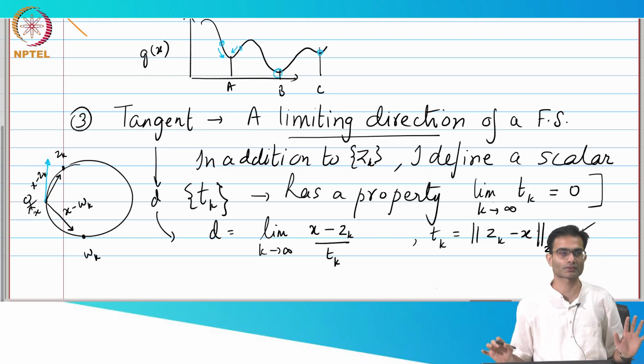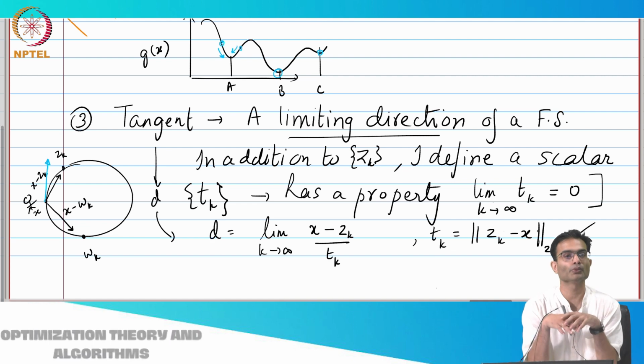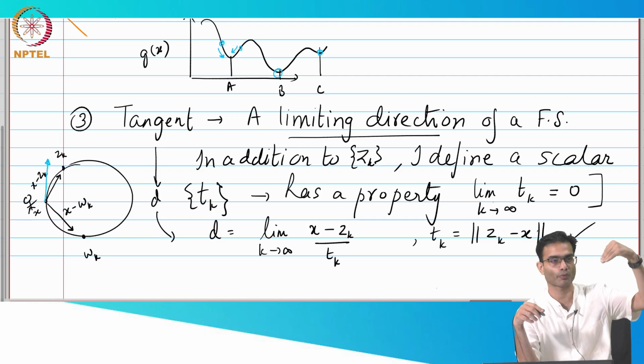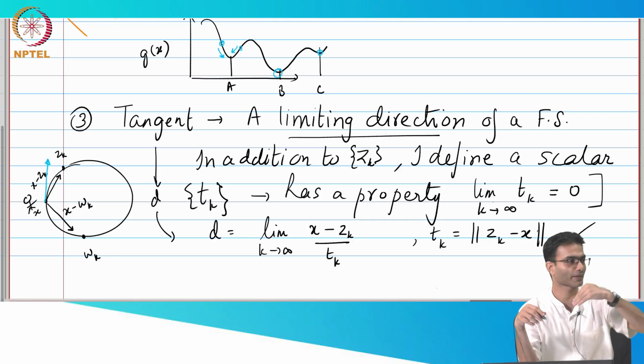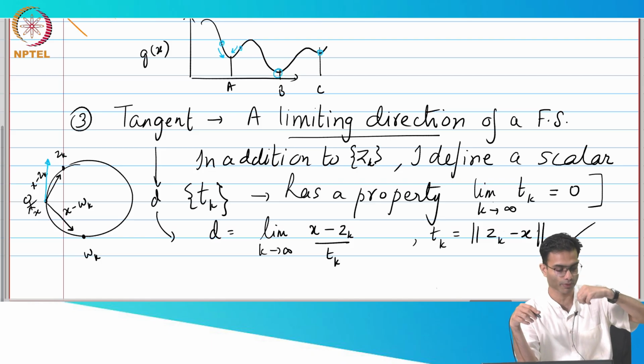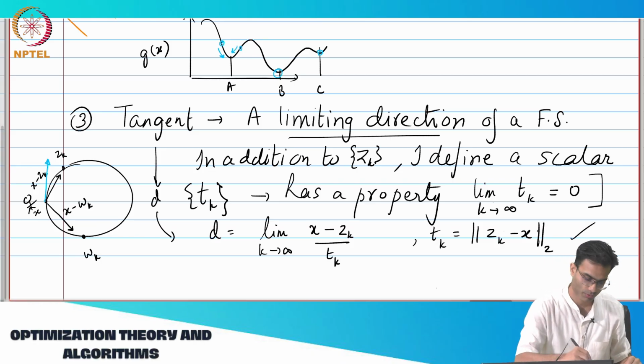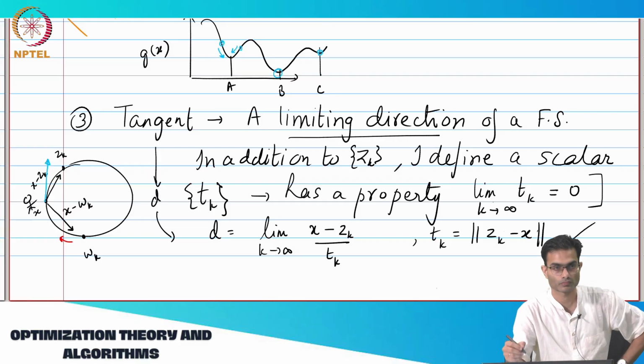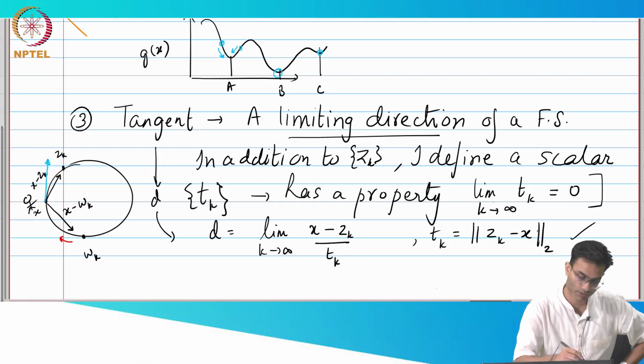So we've got a tangent. If I were to choose wk as my sequence, what will I get? x minus wk is kind of pointing bottom right, right? Now as wk begins to approach this way, which way is this vector going to look? Downwards, right?